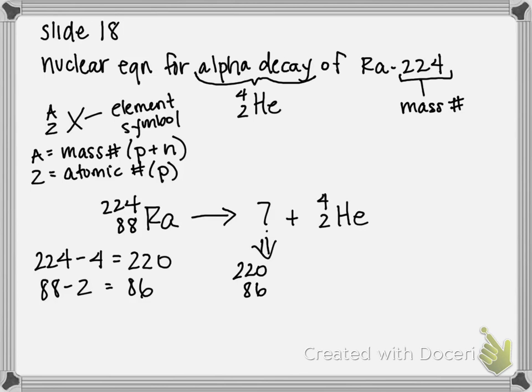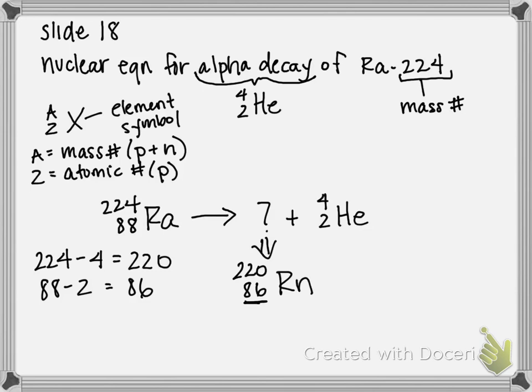So now the only thing left to do is figure out what this element is. We can do that by consulting its atomic number. This element has 86 protons. If you go back to your periodic table, figure out the element that has an 86 written above it, and you'll see it's all the way over in the noble gas column, and it is radon.